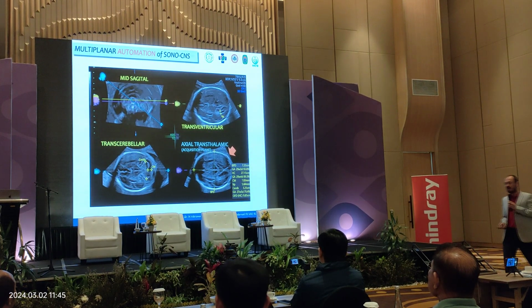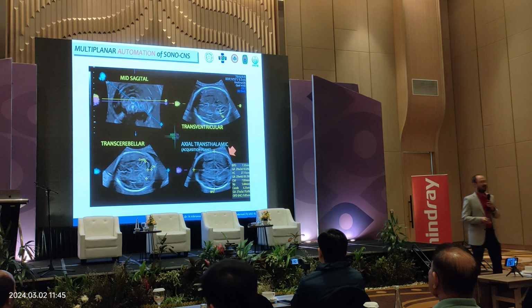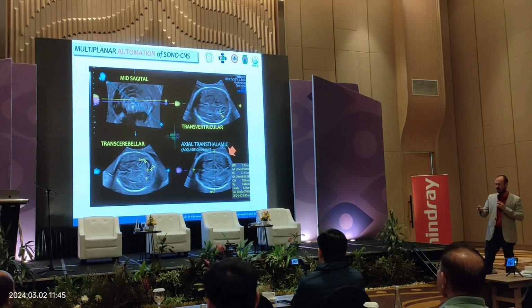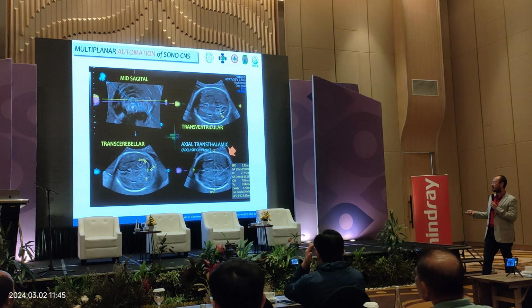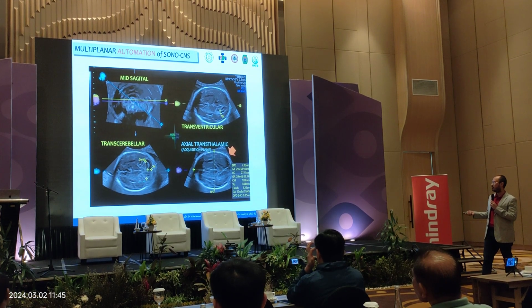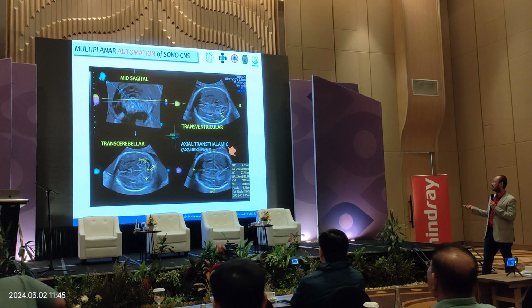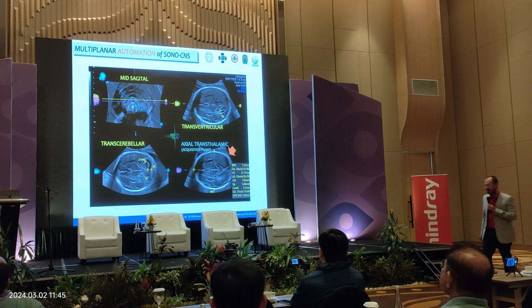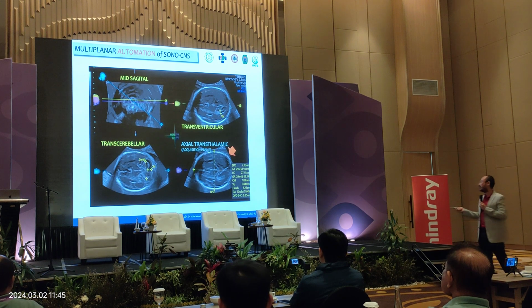So now the higher technology will make it easier for us to measure the compartments of the brain. The major compartments for measurement are the transcerebellar diameter and the cisterna magna for the posterior complex, and for the lateral complex we can see the Sylvian region and also the lateral ventricle, the posterior horn of the lateral ventricle.